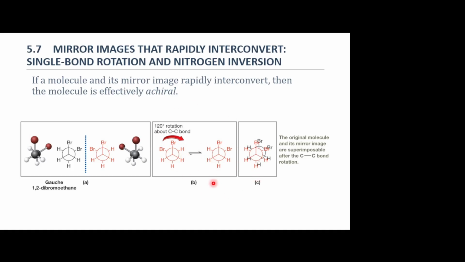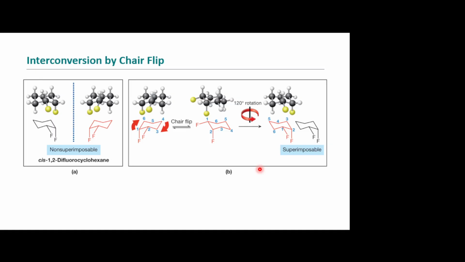Okay, so this would be another rotation. You can see we can interconvert very easily. There is an energy barrier there, but it's very small, right? Okay, so again, those would be achiral carbons. This right here would be the chair flip, and this is why that's oftentimes not considered different stereoisomers, right? Because you can actually have the chair interconvert and flip back and forth.